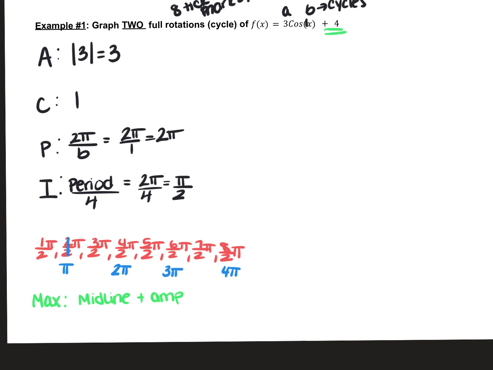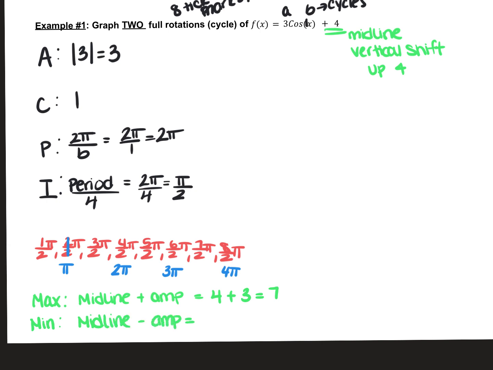This is our vertical shift, which means we're going up 4. So the midline being 4 plus the amplitude being 3 tells me that the highest point on this graph will be 7. And our minimum value is when we take the midline and subtract the amplitude. The midline being 4 and the amplitude being 3, we subtract those, we get 1. So the lowest value on this graph will be 1.